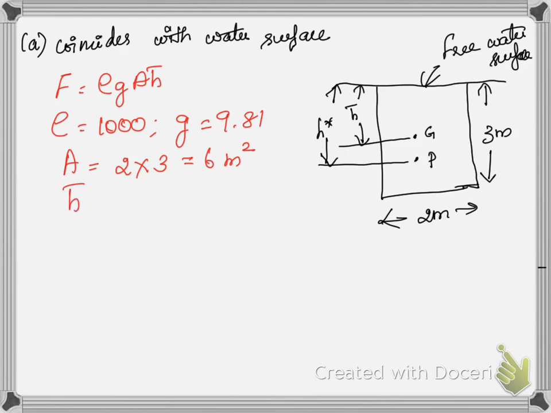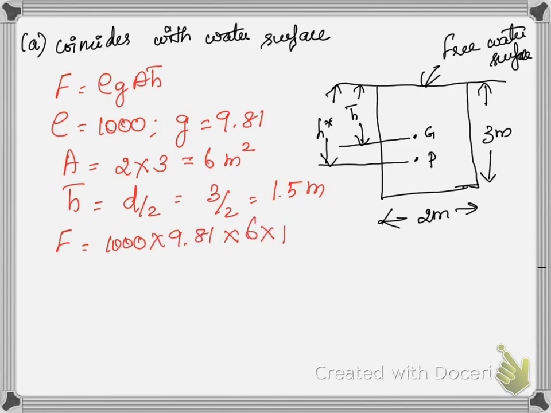H bar is the distance from the free surface to the center of gravity, which is D by 2. My D is 3, so 3 by 2 equals 1.5 meter. So F equals 1000 into 9.81 into 6 into 1.5, which is 88290 Newton. So we have determined the total pressure force.